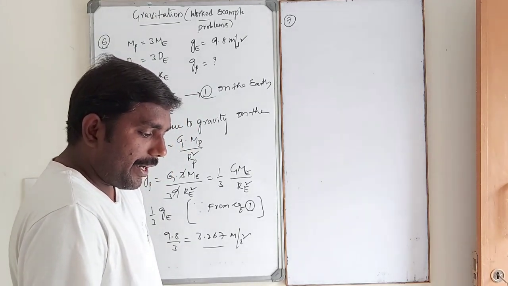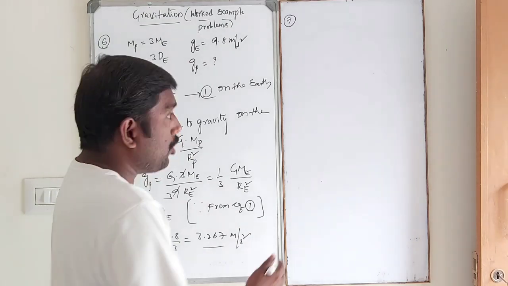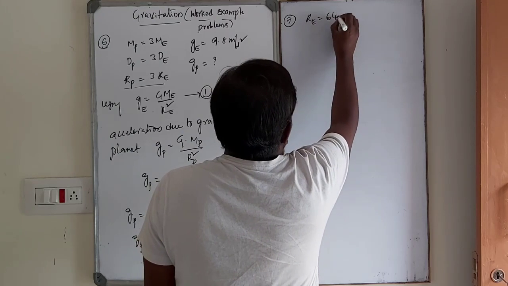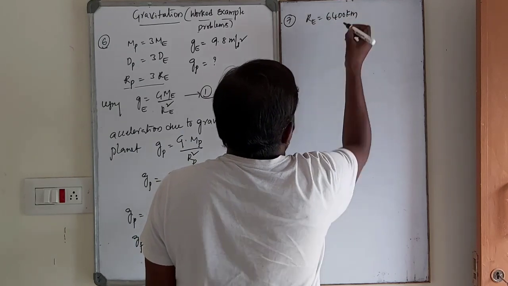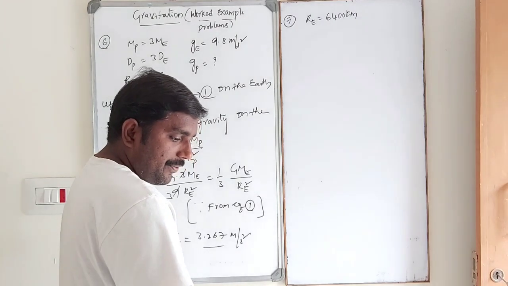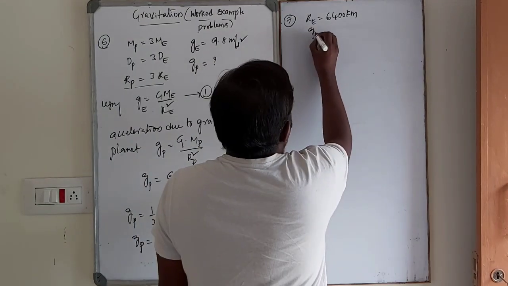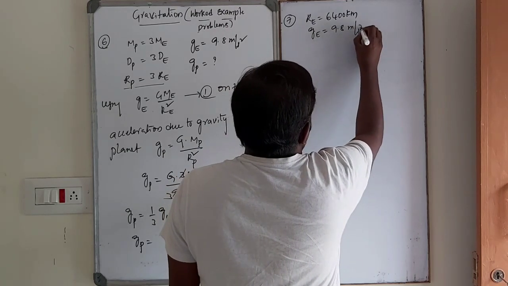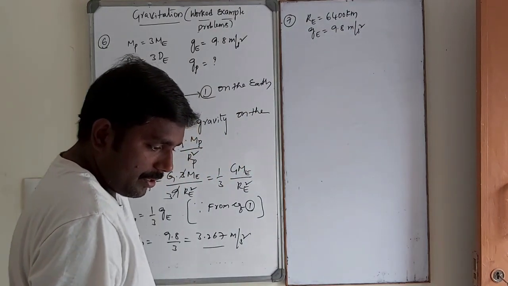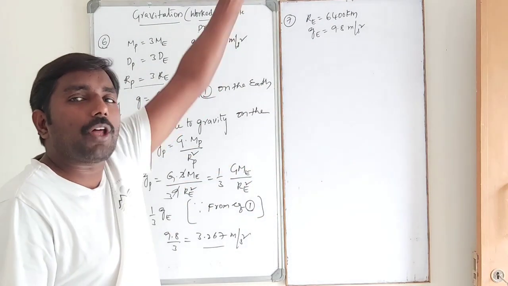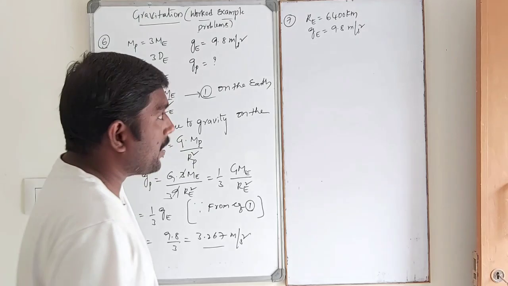Radius of the earth is 6400 kilometer, the constant value, and acceleration due to gravity on the surface of the earth is 9.8 meter per second square. Okay, that is clear. So find the value of acceleration due to gravity at the height of 3200 kilometer.